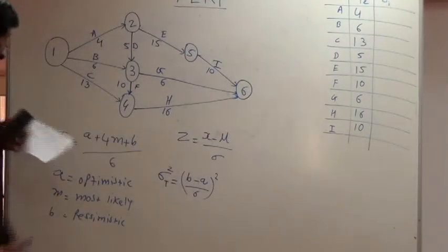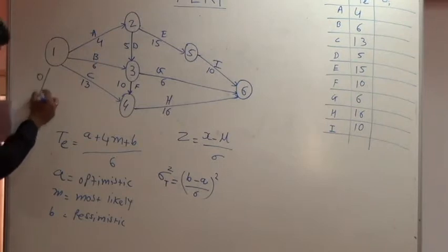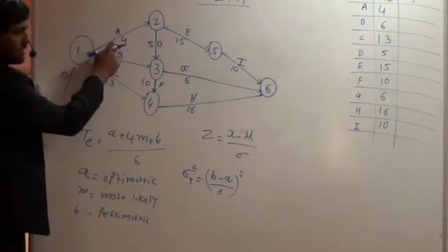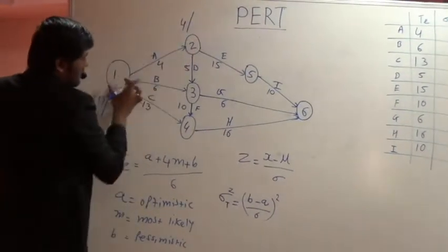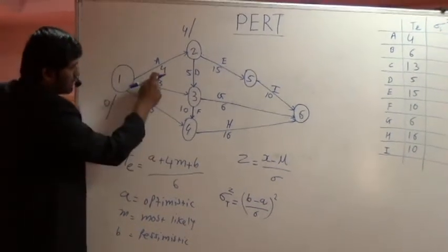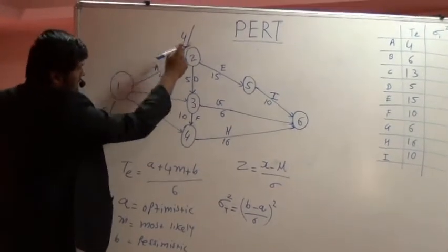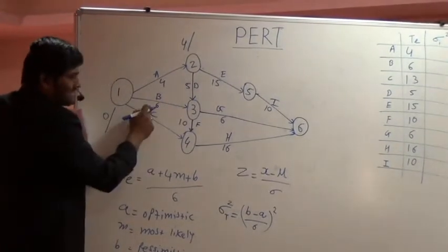Now let us calculate the time duration. We'll start our project with a 0 time duration. In sequence, 0 plus 4 is 4, and we write the time duration under the node, so 4 weeks. Then going in sequence, B is 0 plus 6.